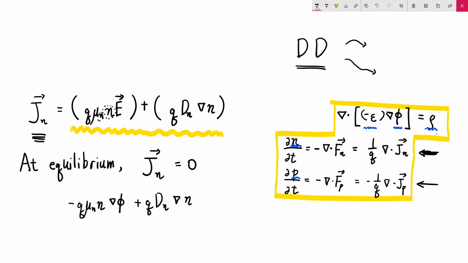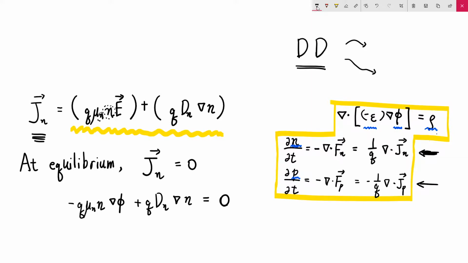I'm just repeating the functional form of J sub n once again, and it should be 0 everywhere. I mean every point in our device, we have to have this relation. That is the condition for our equilibrium.